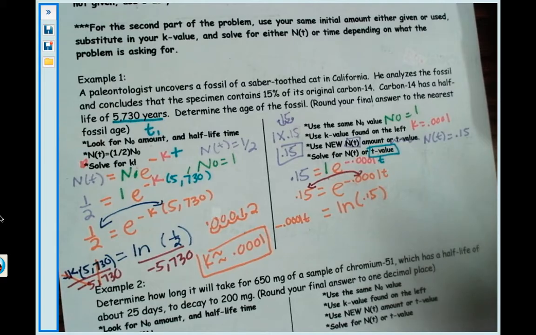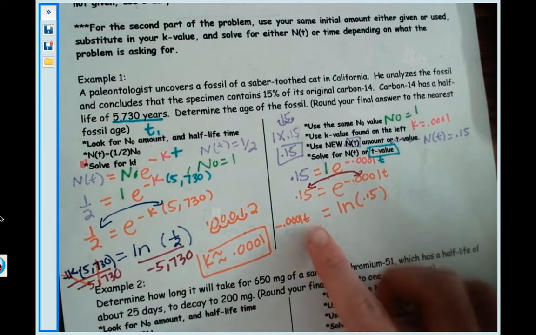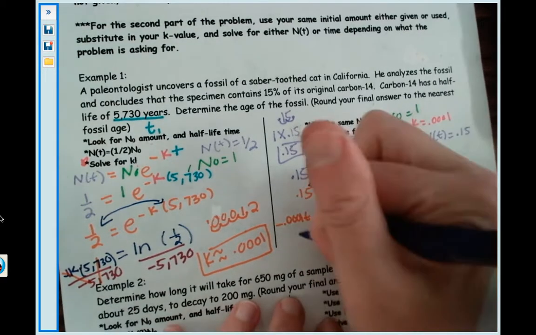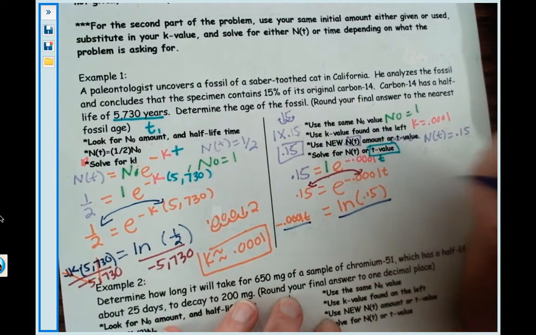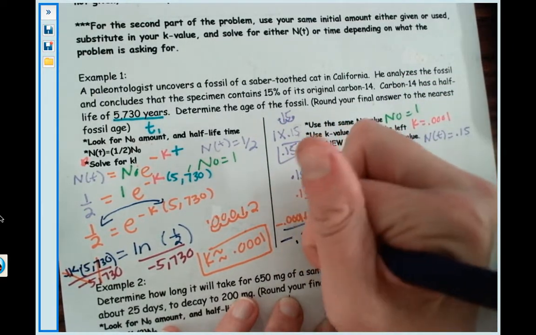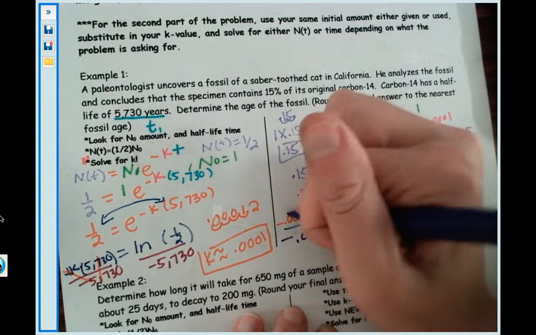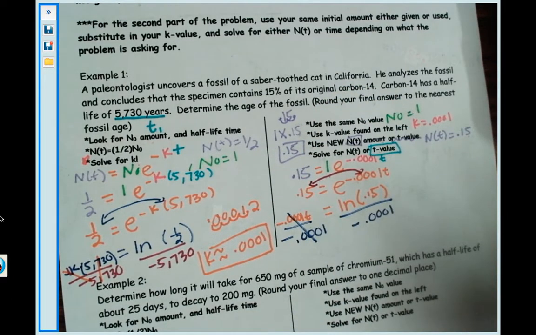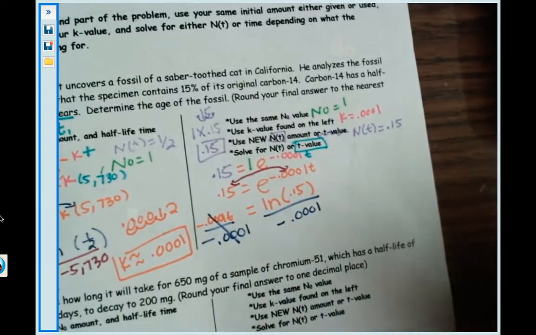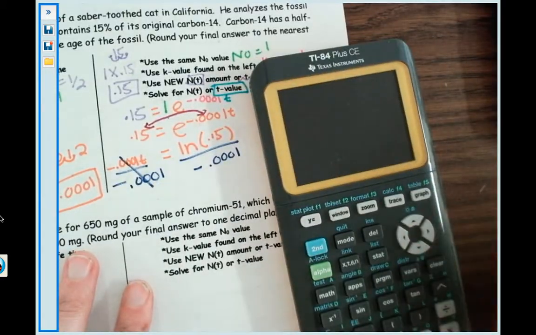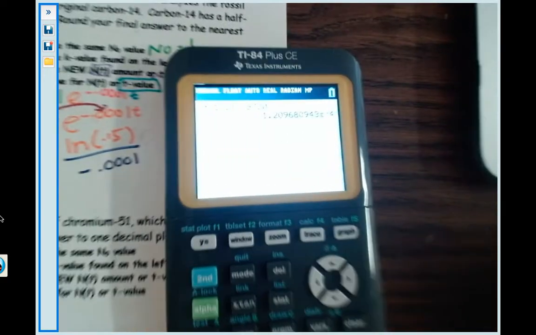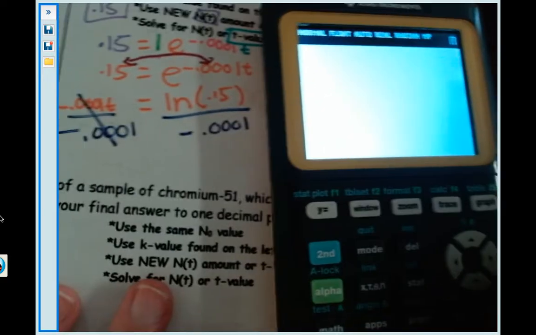All right, guys, all we have to do is solve for t. Since this is secretly multiplying to the t, the way we move that over is by dividing. So I'm going to divide both sides by negative 0.0001, which those two will cancel and turn to 1. Okay, so let's see what t is going to equal. I'm going to type this in my calculator. So we have natural log.